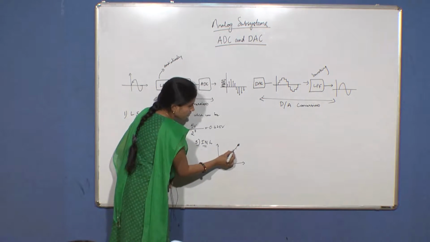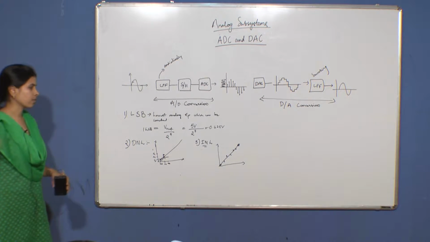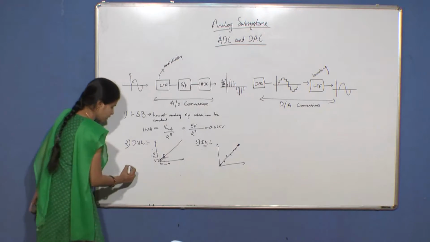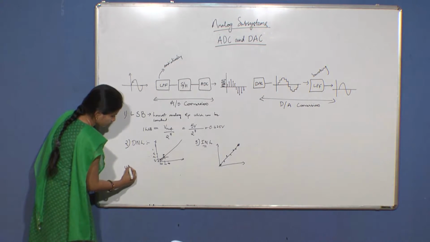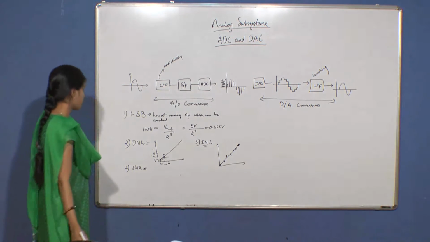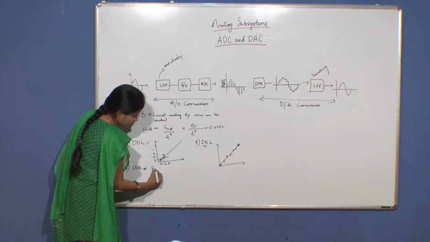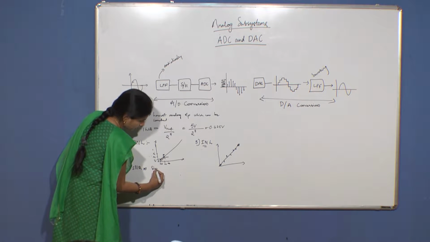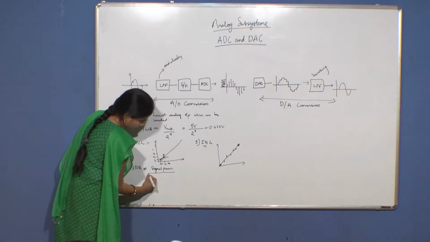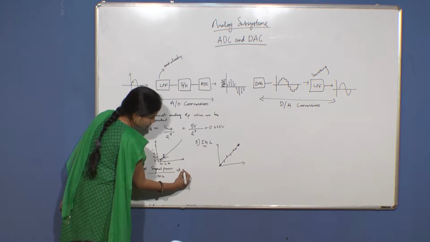So this deviation is called the integral nonlinearity of the data converter. And you also have the signal to noise ratio, SNR, which is the ratio of the signal power to noise power at the output.